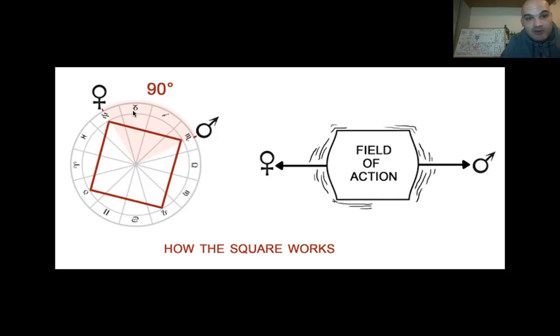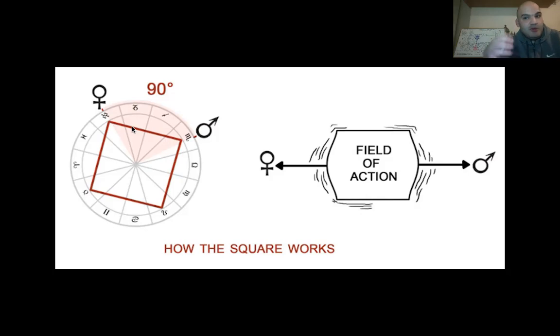So you could have it with, for example, if Sagittarius was squaring, if you had a planet in Sagittarius, and then you had a planet in Aries, that would also be a square. So, no, sorry, my bad. If you had a planet in Capricorn, and then you had a planet in Aries, this line here would also be a square because they're 90 degrees away from each other, and they're both cardinal signs.